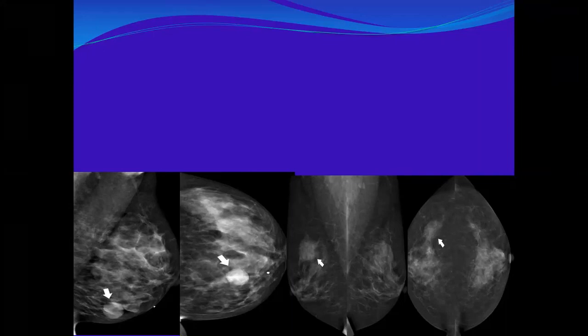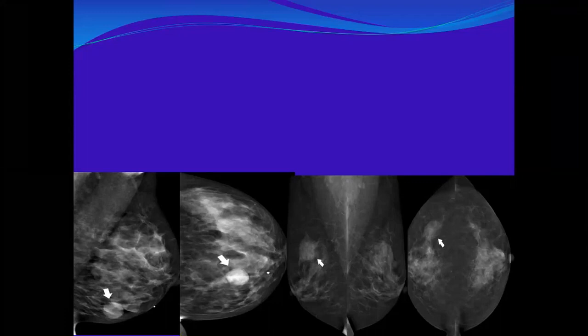The first image on the left side of the screen is showing a rounded mass in the inferior and medial part of the breast. Ignore the location. Just tell me, is it a mass, and why?